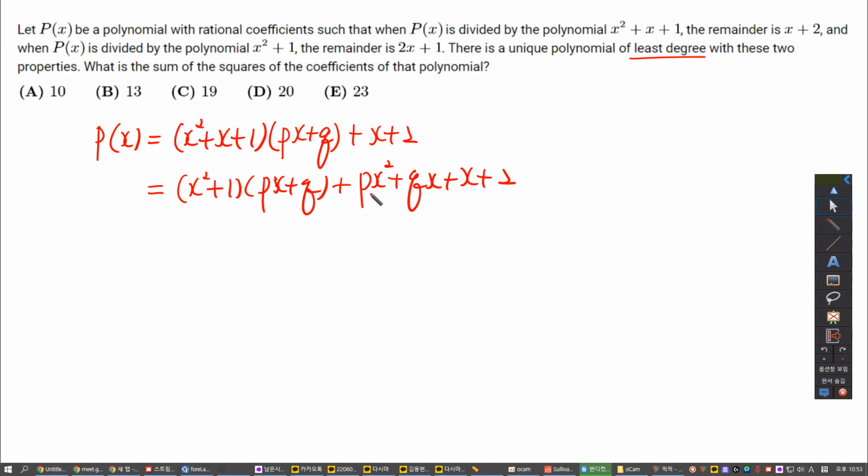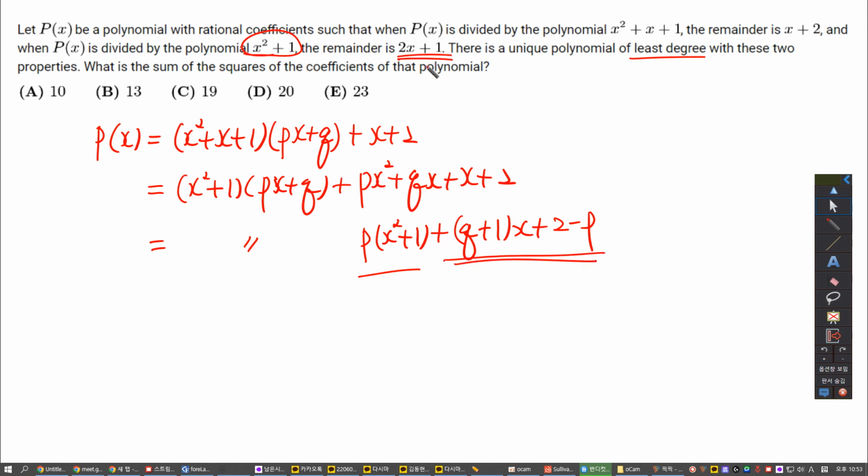So that means we can make another factor from this, we can change this one to this form. And now we don't have to think about this. That's incorporated into this x squared plus 1. So the remainder is 2x plus 1. So this should be equal to 2x plus 1.